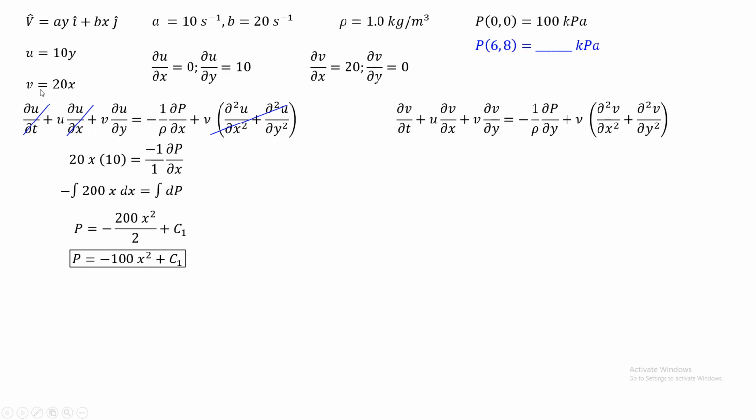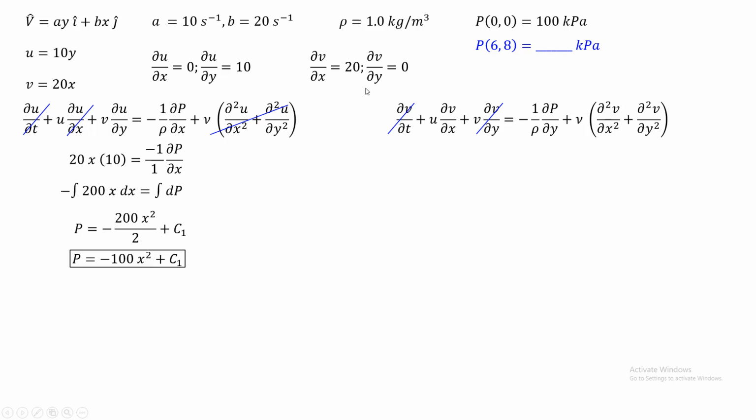The differentiation of that with respect to x will give us 20, and differentiation of v with respect to y will give us 0, since we don't have any terms in y, right? So this will go to 0, and our unsteady term will go to 0, and this term will also go to 0 because of this, and our viscous terms also will go to 0 since they contain the second derivatives.